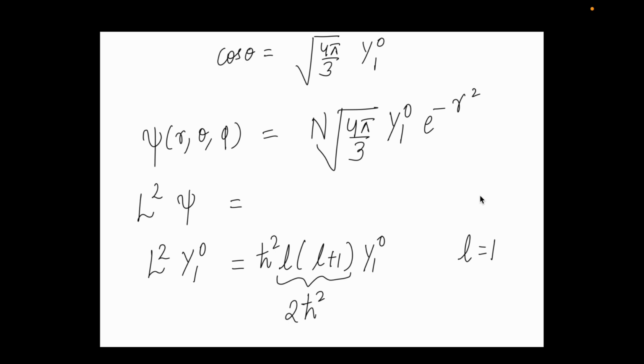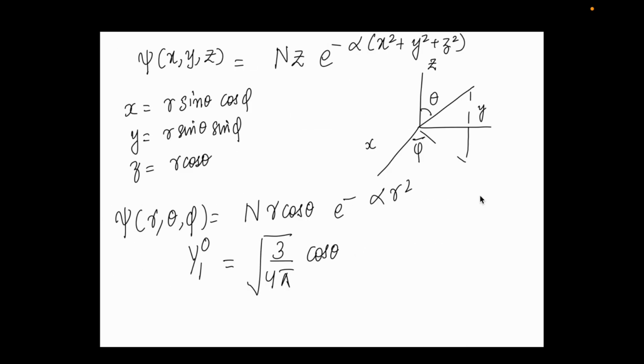So you can see L square gives 2 h bar square. If you operate Lz on psi, you would get m h bar Y10, and here m is 0, so Lz operating on psi would give you 0. So this is very clear now.